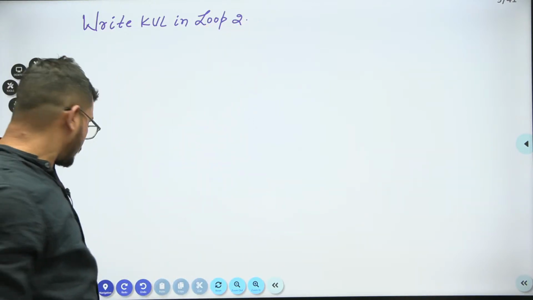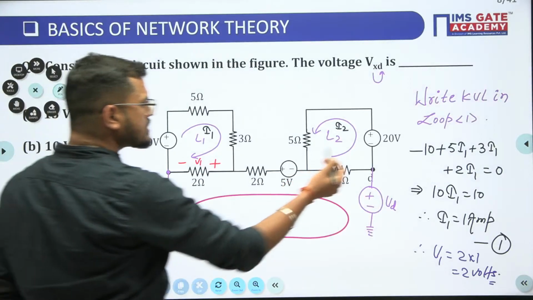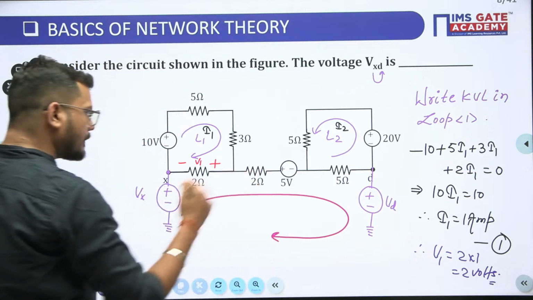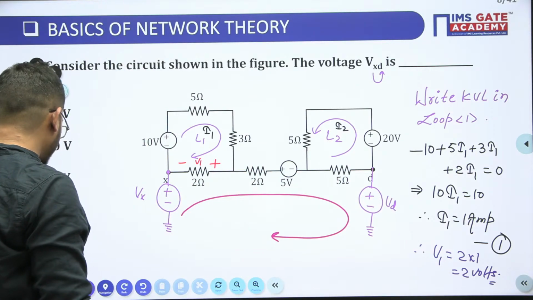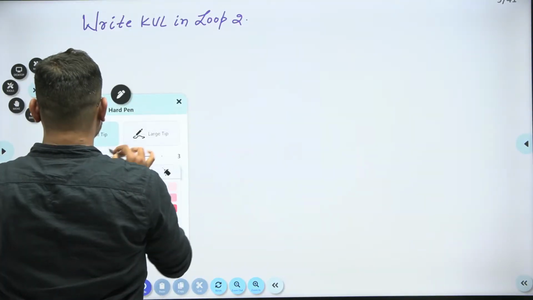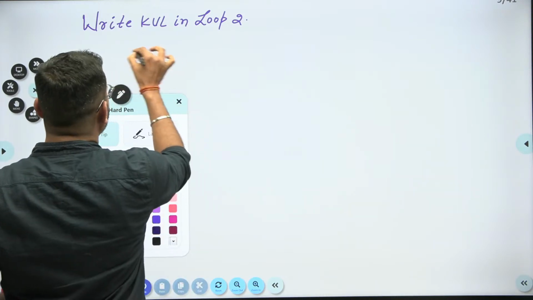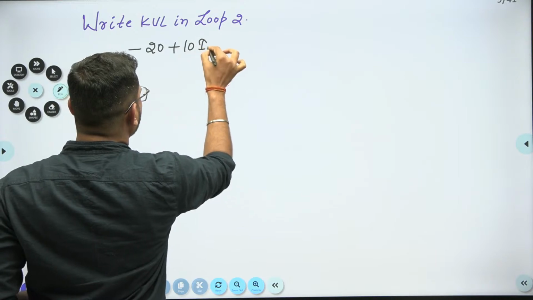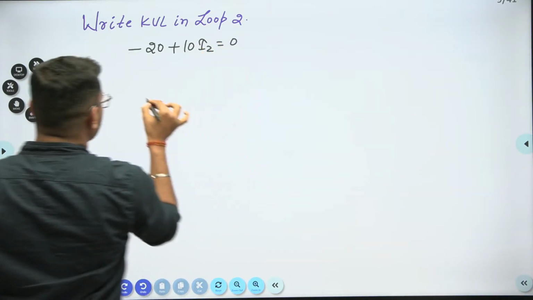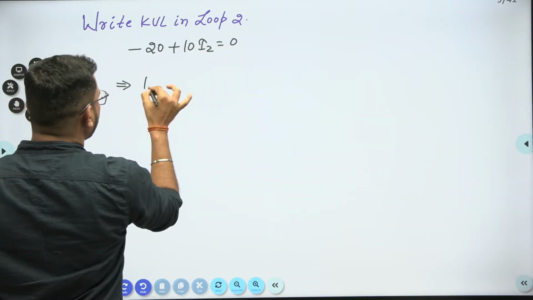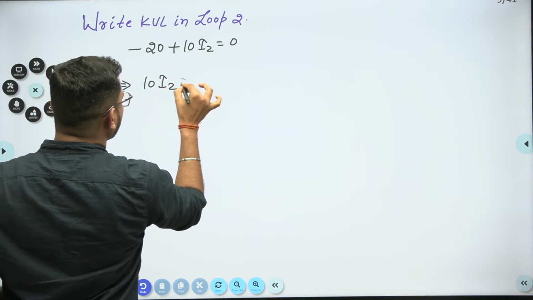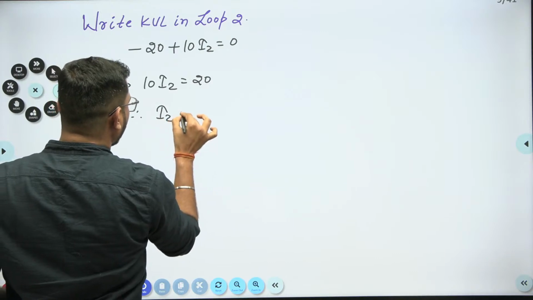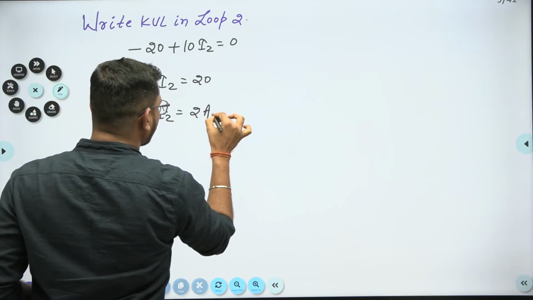So this is minus 20 plus 5 plus 10, so minus 20 plus 10 times I2, and this is equal to 0. From here we can say 10 times I2 is equal to 20. Therefore I2 is equal to 2 ampere, guys.